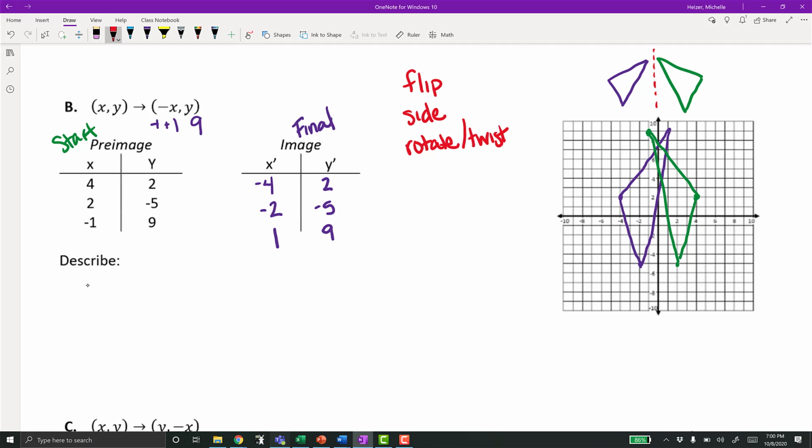Okay. That's not how you spell reflection. Or you could also say it was flipped. And again, we're going to be talking about these things a lot more next week. So don't worry about being perfect, just look for those patterns.